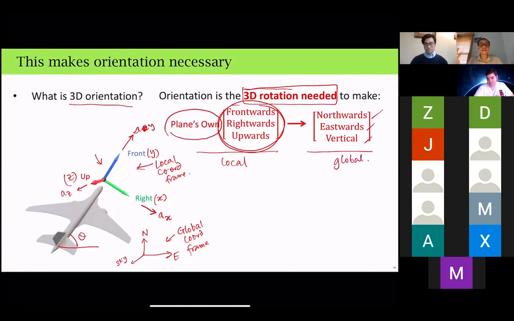And we said that rotation is nothing but a matrix. 3D rotation is a 3x3 matrix. So I want a 3x3 matrix which, multiplied with the local coordinate frame, will give me the global coordinate frame. Is that totally clear?